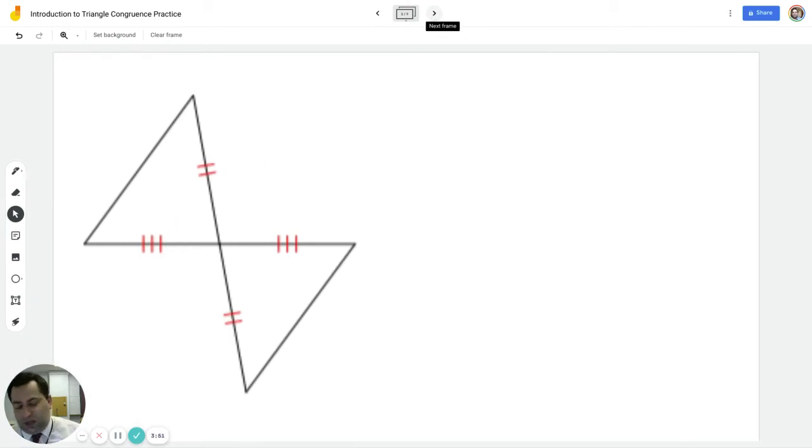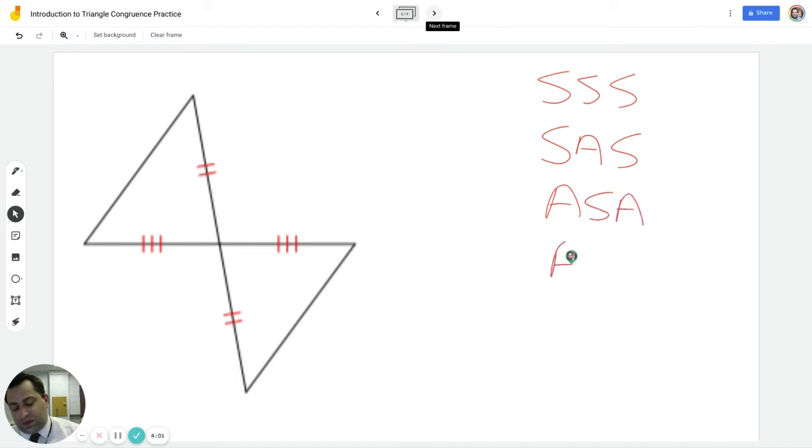So in this problem here, again, we're dealing with our congruence theorems. So we'll write those out again. Now, once we write them out, we have to look to see what we know about this triangle. So we have two tick marks to two tick marks, three tick marks to three tick marks, and then I know that there's a relationship between these two angles.